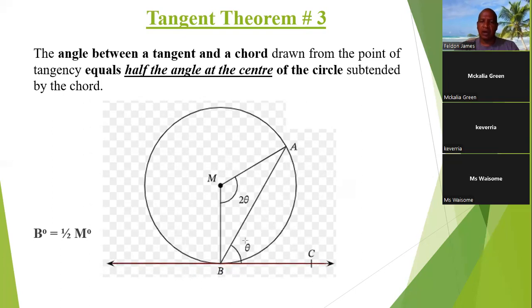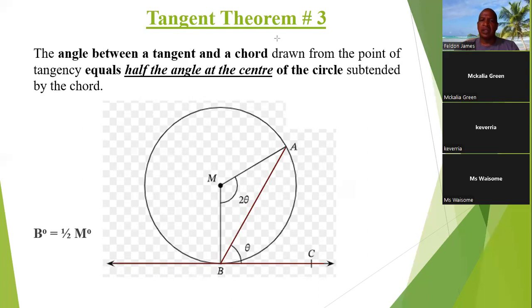And they're referring to a chord. And the chord would be from the point of tangency. And so the chord would start at B. It's a chord, so it's going to be falling somewhere else at the circumference. So this chord would fall on A, right?